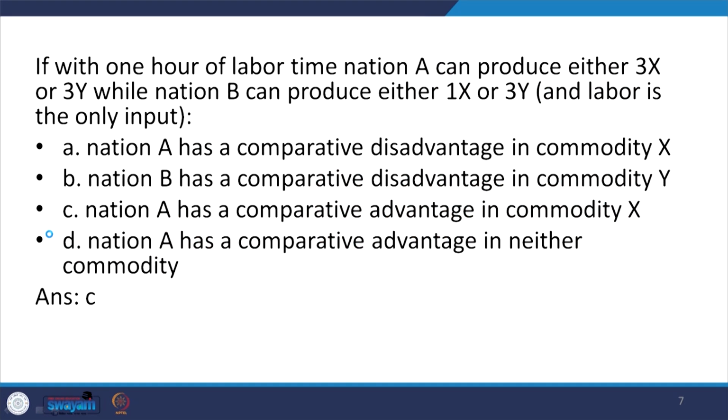Now, let us move to the next example, which is a bit complicated by the notations. If you read between the lines, things are very clear to understand. If with 1 hour of labor time a nation A can produce 3x.